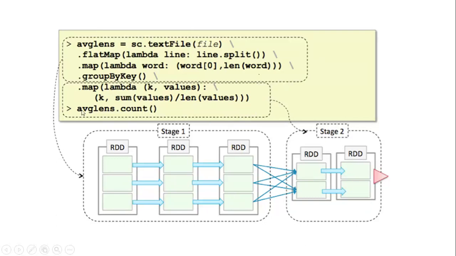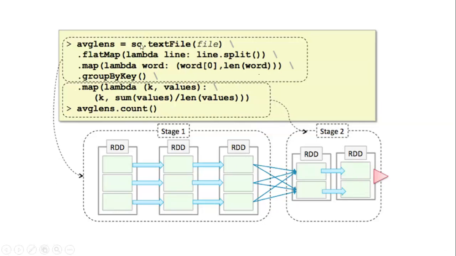The minute you type average length.count, it computes everything and gives you the result, okay? Till that time, all these operations are stored as DAGs, and it is internally optimizing the computations. Okay, so count is an action. All these others are transformations, okay?